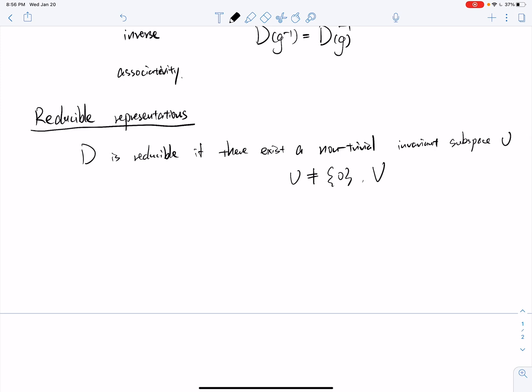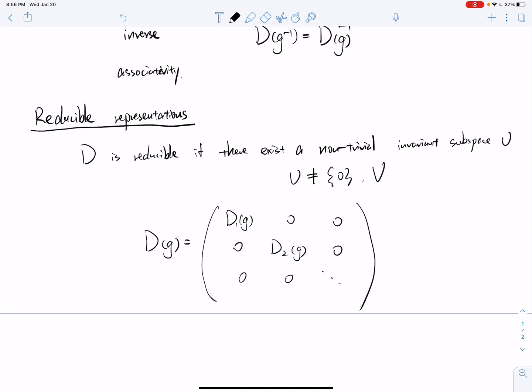In the language of matrices, this can be simply put as if the representation is reducible, it means that the matrices of this GLV are reducible. So those matrices can be reduced into this block diagonal form. This D1, D2 are blocks.